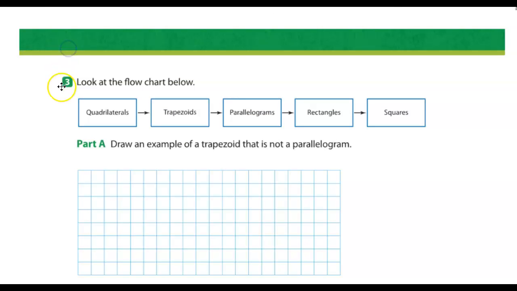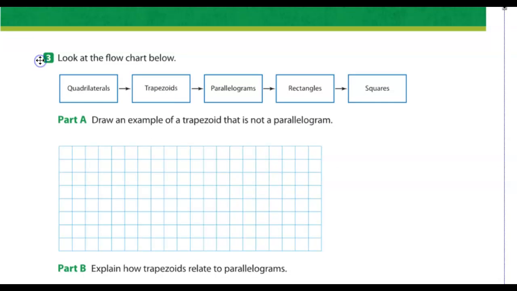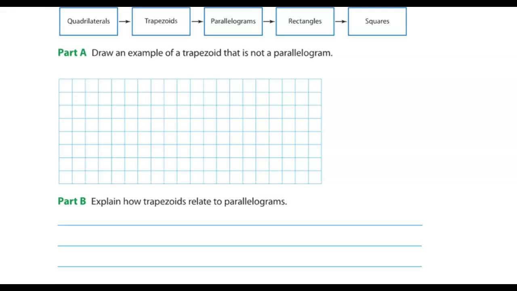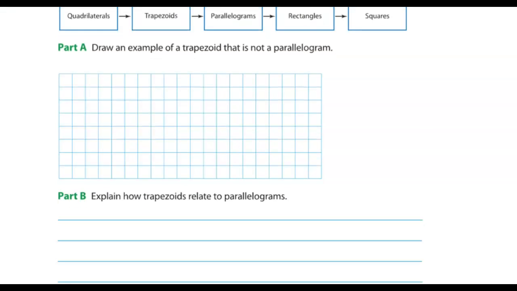All right, so now, let me go ahead and lock this in place so it doesn't take off on me. It says look at the flow chart. You have quadrilaterals, trapezoids, parallelograms, rectangles, and squares. Part A, draw an example of a trapezoid that is not a parallelogram.